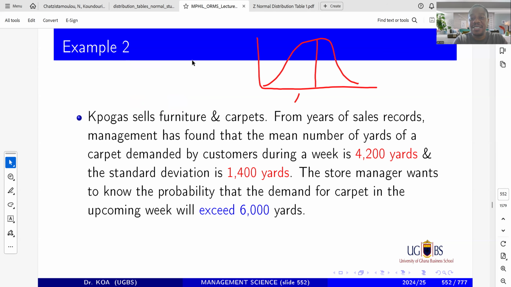Just indicate that the mean, because if you write the mean without indicating it, everything is wrong. You have to write the 4,200 to indicate that that's the mean. You have to write 1,400 to indicate that that's the standard deviation. Now you have to also indicate the one in the question. The question says 6,000, so indicate 6,000 first, right here, and indicate that this X is 6,000.